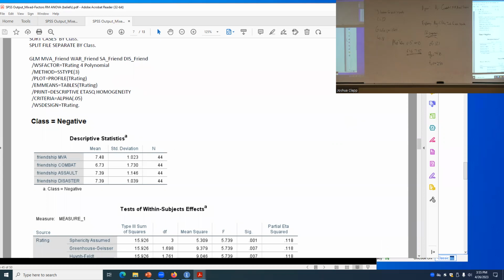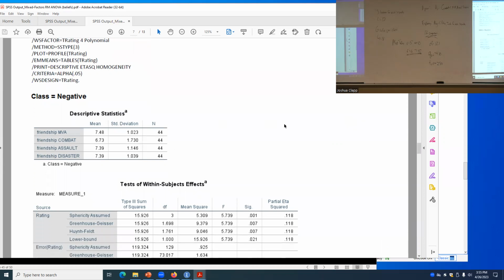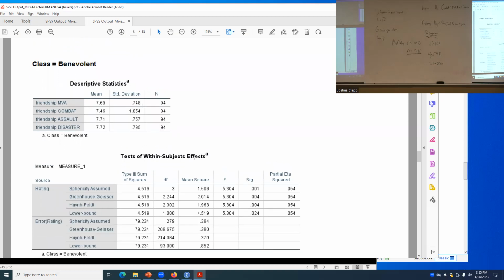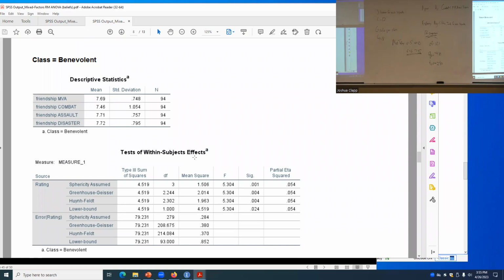And so if I do that, I first get my output from my negative group. I've only got 44 people in my negative group, but here are my means for mean friendship rating in my negative group for car accident, combat, assault, and disaster. I'm not caring too much about this piece of things, because I've a priori already planned these contrasts out.